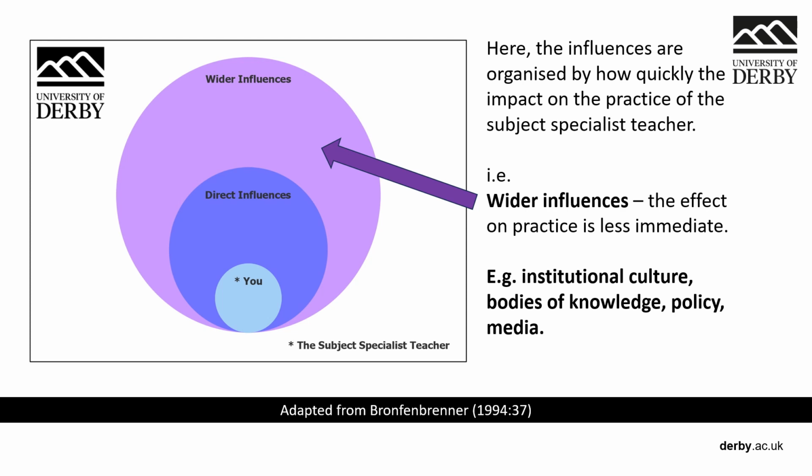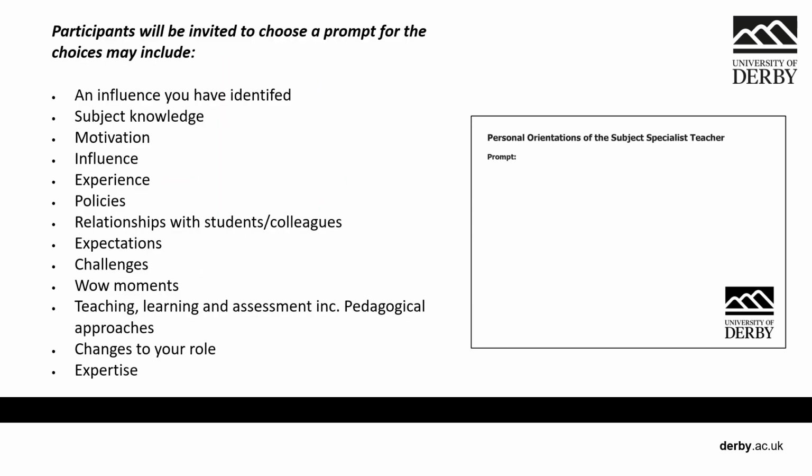So that's absolutely fine. So then on the other side of the card, I'm asking you to, just like I say, write me a postcard. A little bit of a reflection on the influences you might have talked about on the other side might be helpful to you. So you give yourself a prompt. Here are some example ones. You might just literally identify an influence that you've pointed out on the front of the card and explore that and explain that.